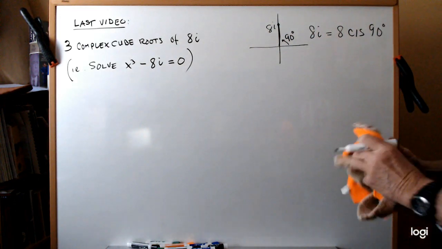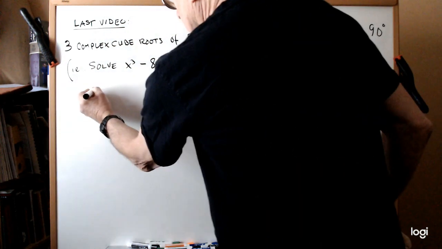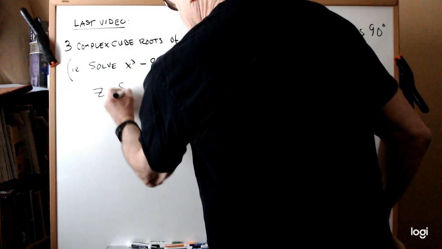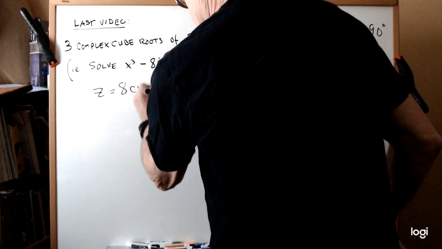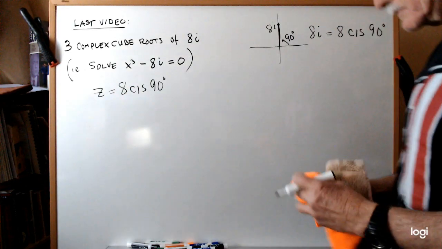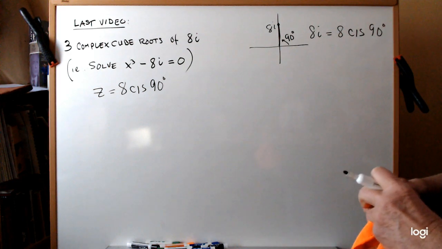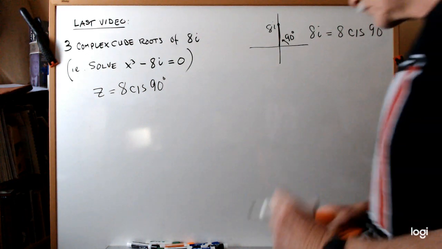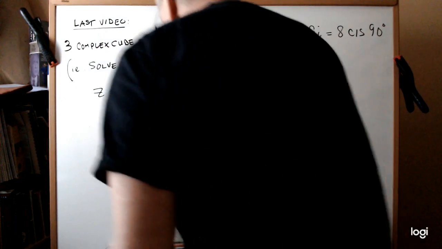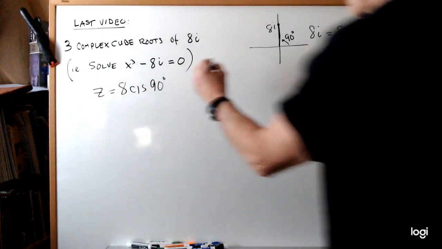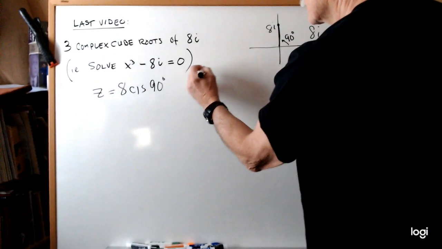So we're going to write that as 8 cis 90, and then we're going to apply DeMoivre's theorem.